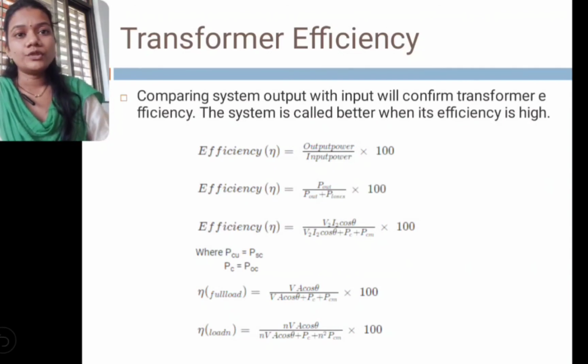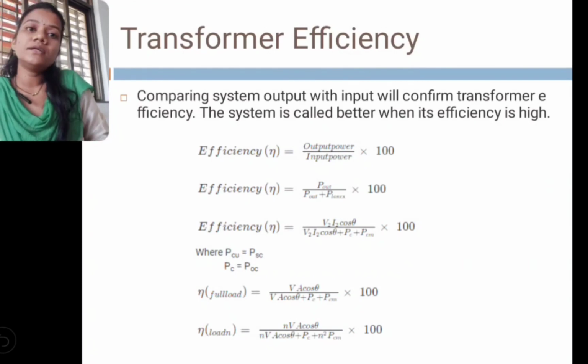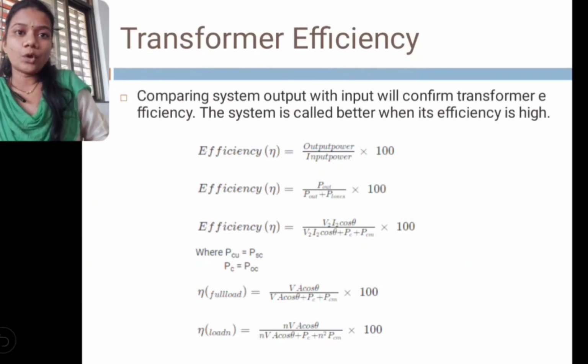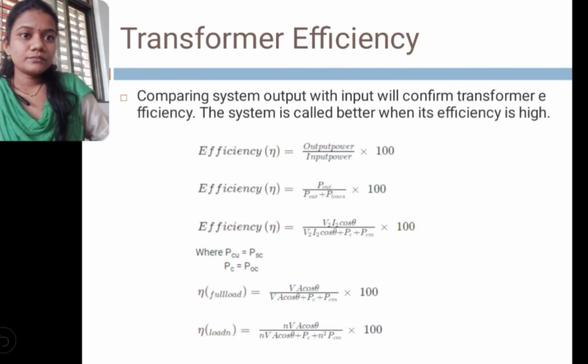If your efficiency is high, then we can say that our circuit is operating in proper condition, or in better form. The formula for efficiency in transformers is P out divided by P out plus power loss, into 100. So this is the transformer efficiency.